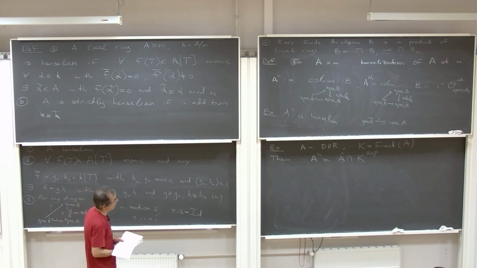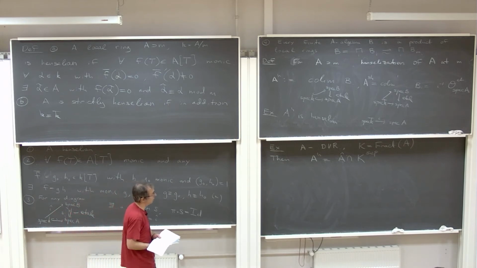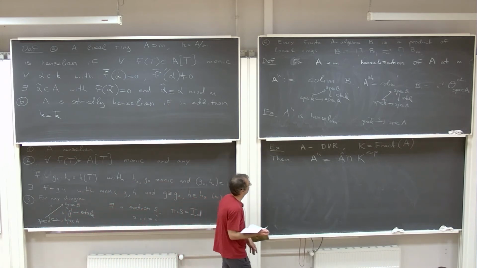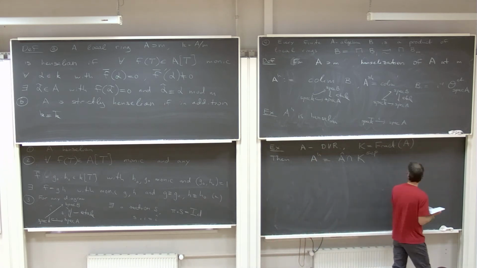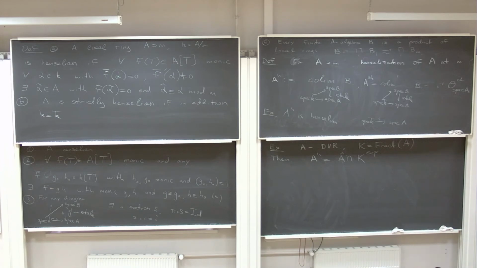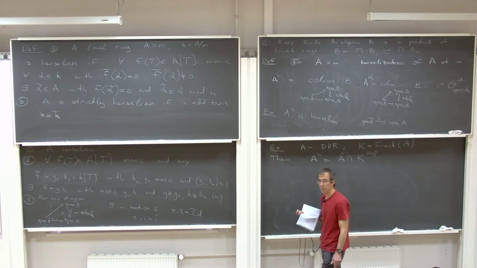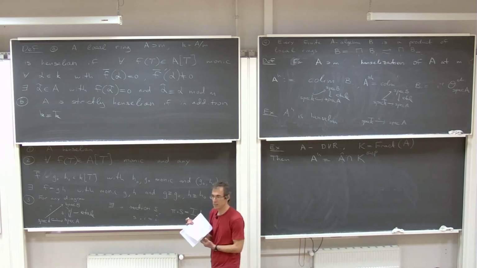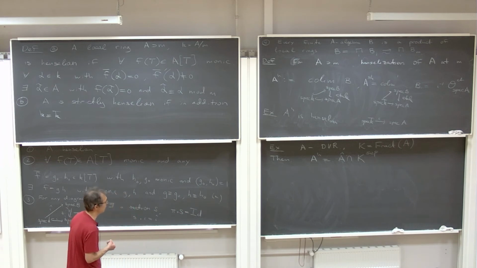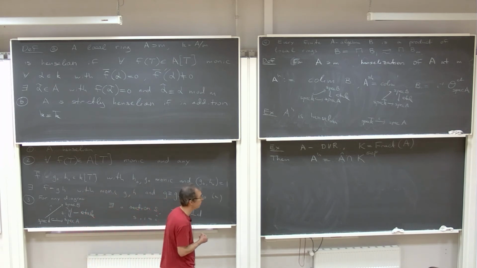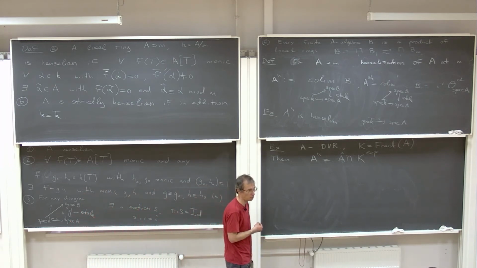So, for example, if you take for A the integers Z localized at one prime, then you need to take elements in Z_p, the p-adic integers, that are algebraic over Q. And there are many such elements. For example, you can take the square root of any element which is equal to 1 modulo p. Any integer which is equal to 1 modulo p has this square root in Z_p.